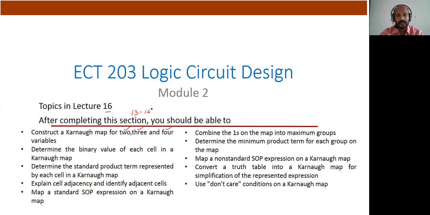Now in lecture 16, we will discuss how we can minimize the non-standard SOP function, how we can directly represent a truth table in a K-map, and how we can solve the don't care questions, that is, how the don't care condition can be included in a K-map.